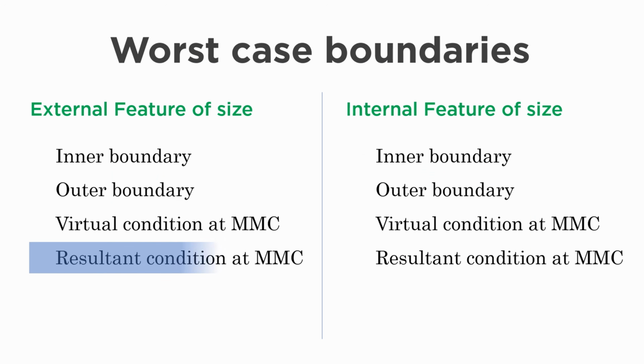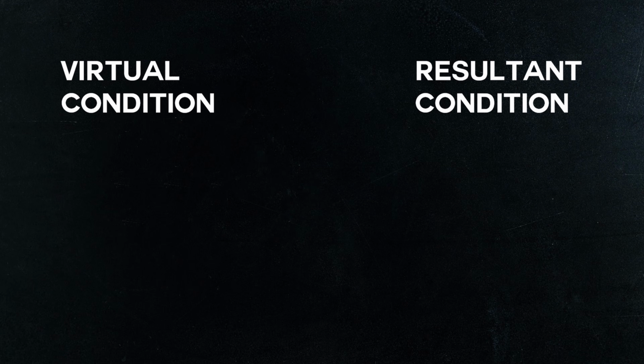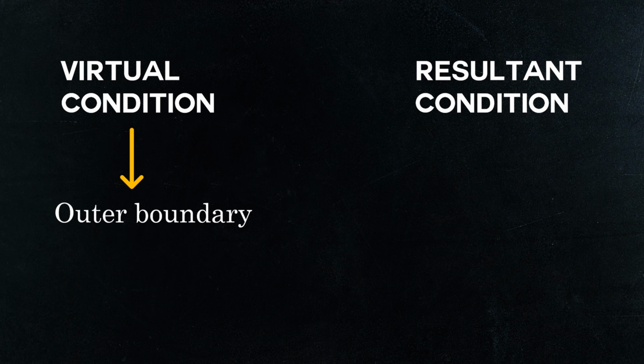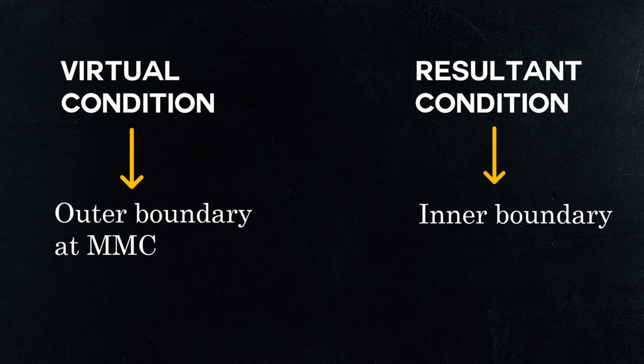Now, what about the resultant condition? The resultant condition is the opposite of the virtual condition. Just as the virtual condition is the outer boundary at MMC, the resultant condition is the inner boundary at MMC.